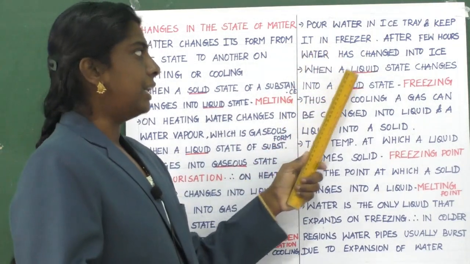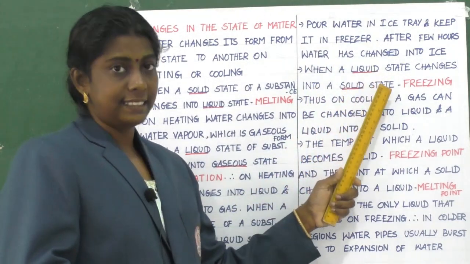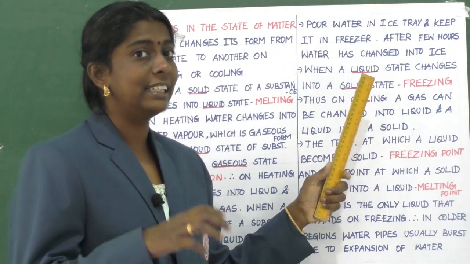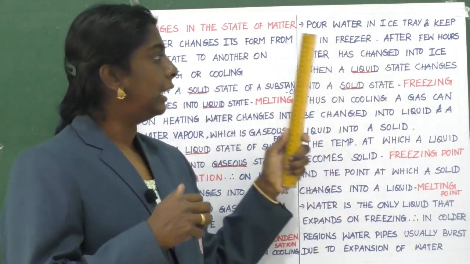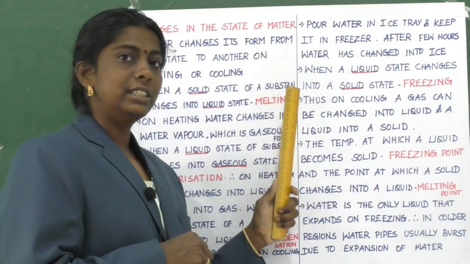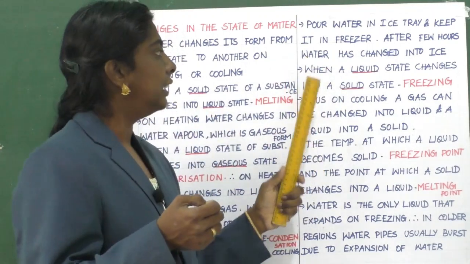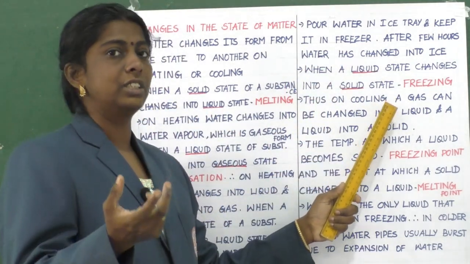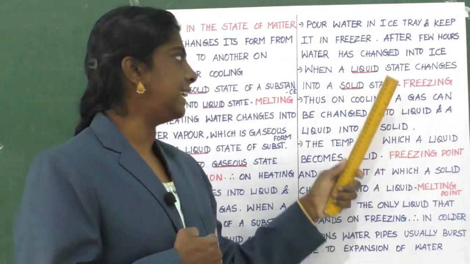When a liquid state changes into a solid state, what is that? It is said to be freezing. When liquid state changes into ice, water is changed to ice. Then that transformation is said to be freezing. It is called freezing.